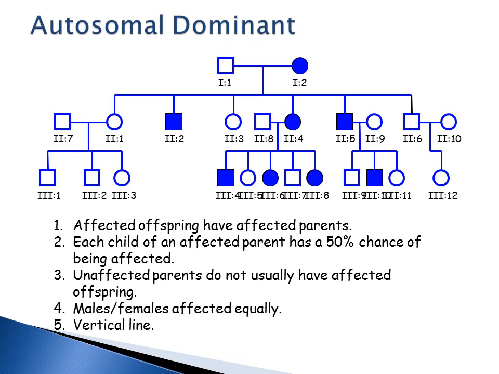Males and females are both affected equally. So in this case, there are 4 males and also 4 females. And you could see that vertical line. In other words, in every single generation, when you look up and down the pedigree, there are affected individuals.